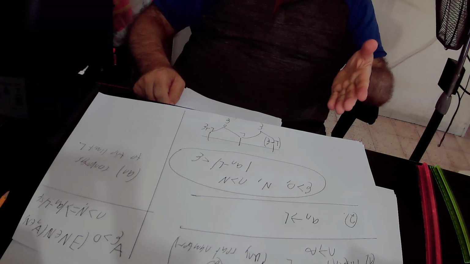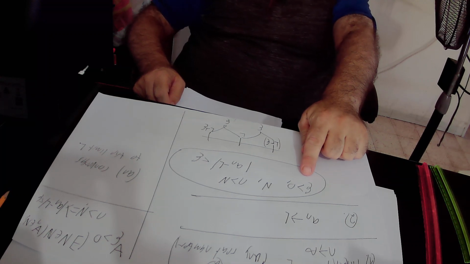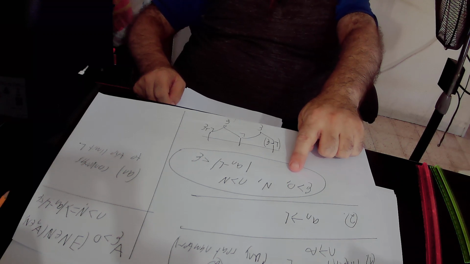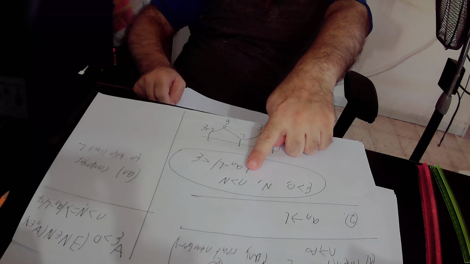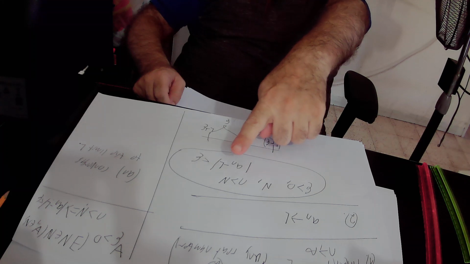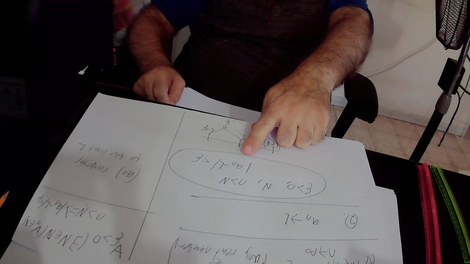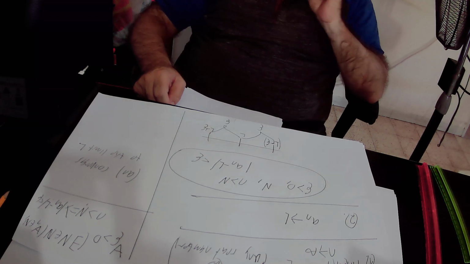Okay, the condition is that for every epsilon that is a positive number and it is as small as we wish, we have to find capital N that belongs to the natural numbers, and for every n that is greater than capital N, we will get that the absolute value of an minus L is less than epsilon.